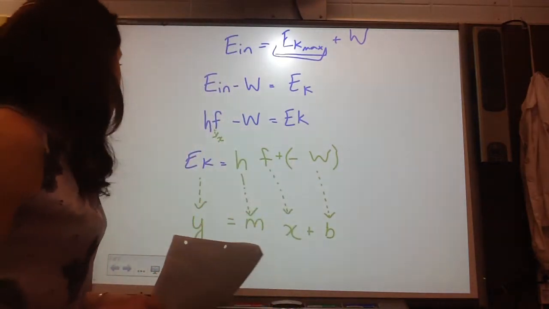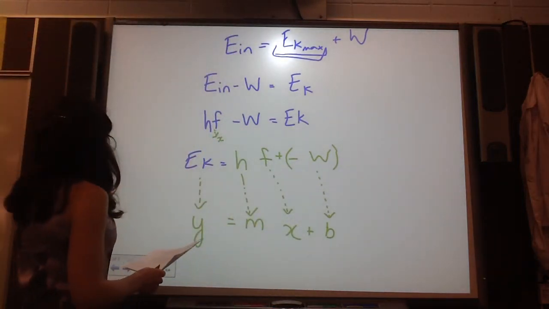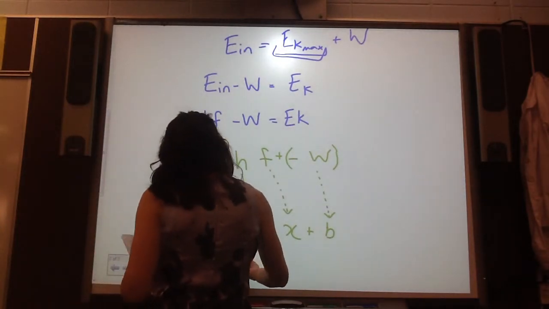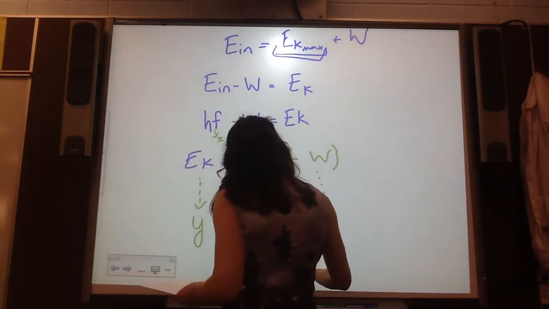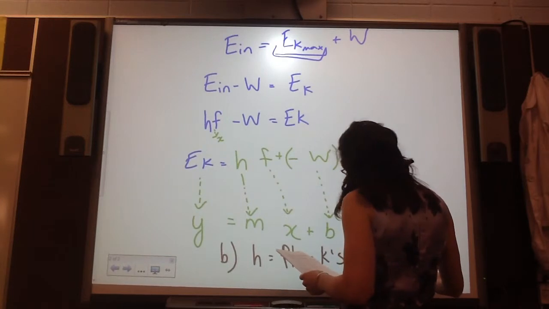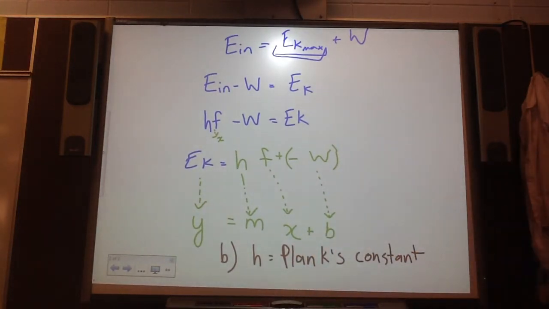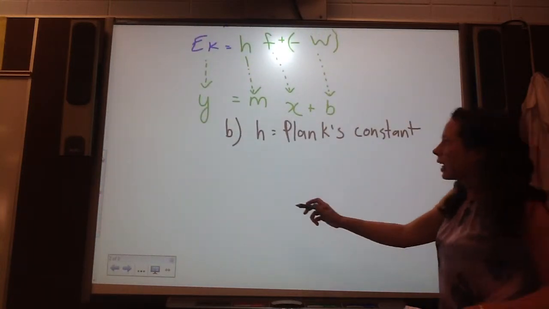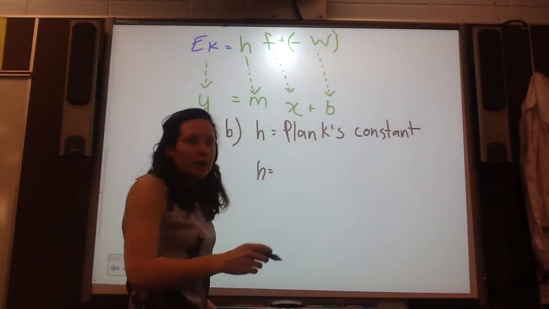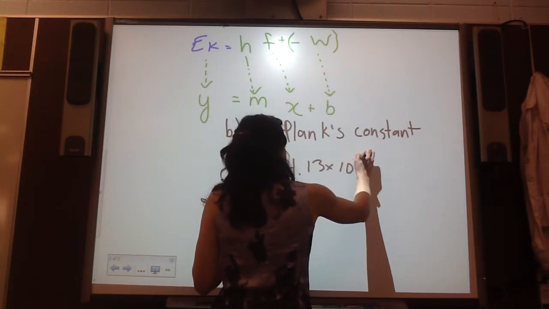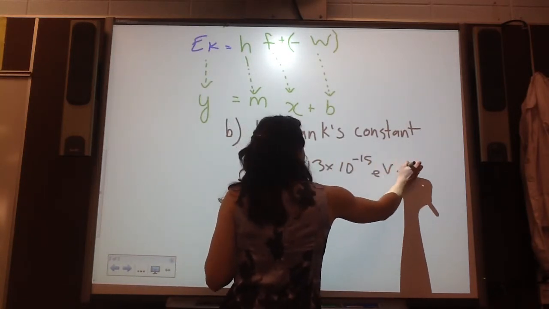So for this one, the answer for B is h, which is Planck's constant. And what was the slope that we found? You got about 4 point something. I got 4.13 times 10 to the negative 15 eV times seconds.